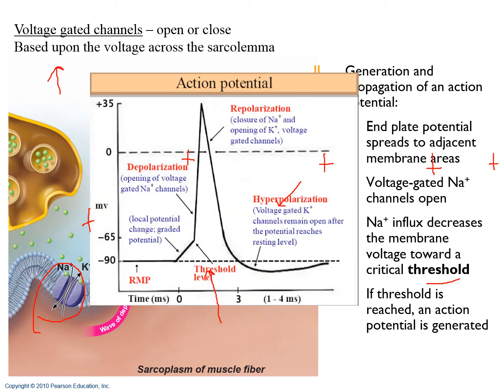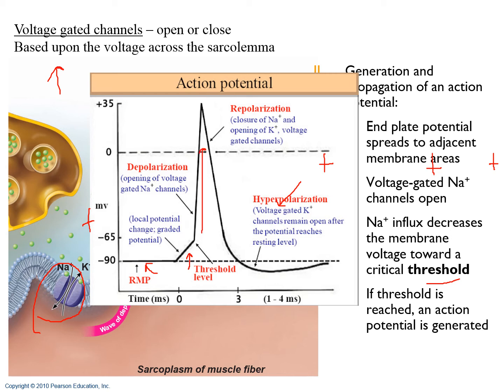So when these voltage-gated sodium channels open up, what we see is a change in that membrane potential. Here's where we started. This is when the acetylcholine receptors opened up, and now, because of these voltage-gated sodium and potassium channels, we see a large spike in positive charge.